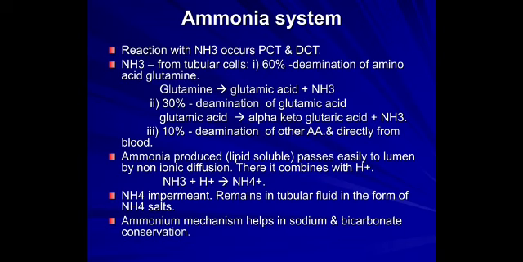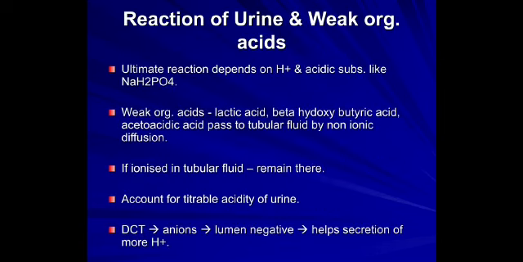The final 10% is by deamination of other amino acids and directly from the blood. The ammonia produced passes easily to the lumen by non-ionic diffusion. There it combines with hydrogen to form ammonium. Since ammonium is impermeable, it remains in the tubular fluid in the form of ammonium salts. The ammonia mechanism helps in sodium and bicarbonate conservation.